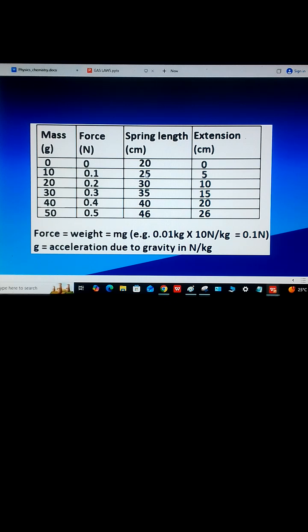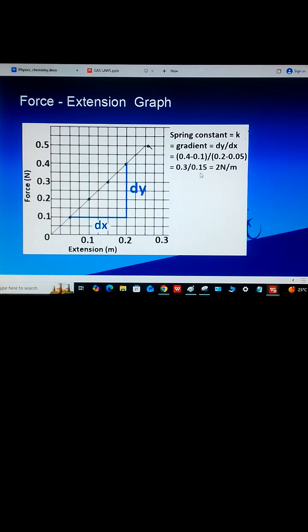Here it is 25 centimeters minus 20, we get 5 centimeters. 30 minus 20, you get 10. Then 35 minus 20, you get 15, like that. So this is the extension in centimeters. Now these extensions in centimeters, we shall change into meters by dividing by 100, right?